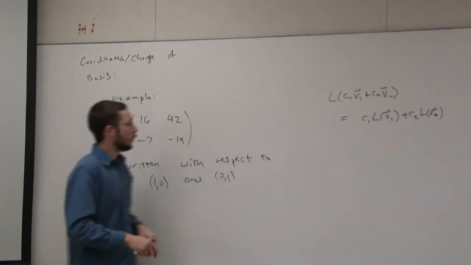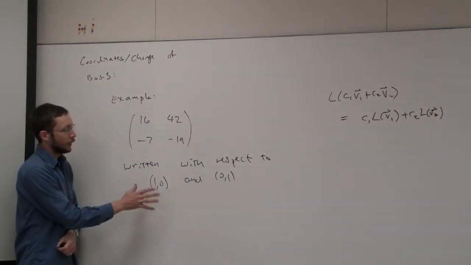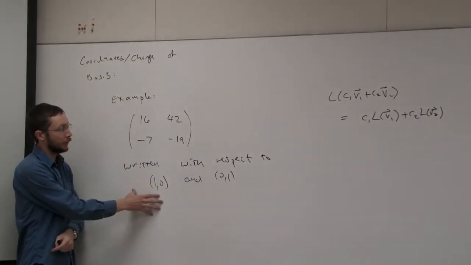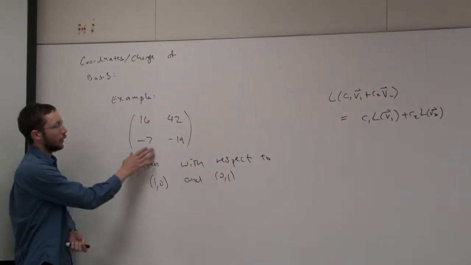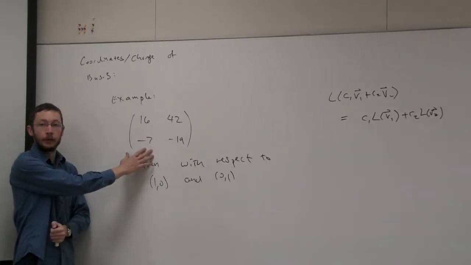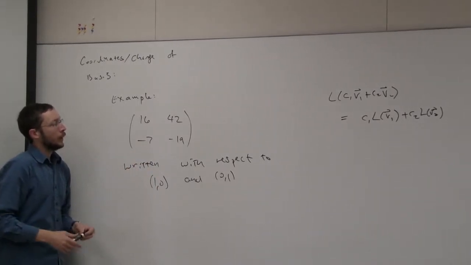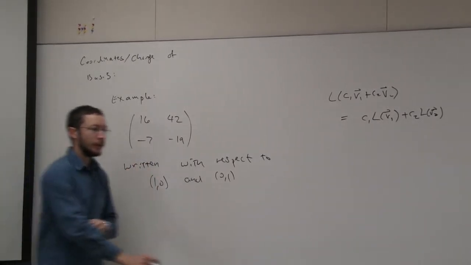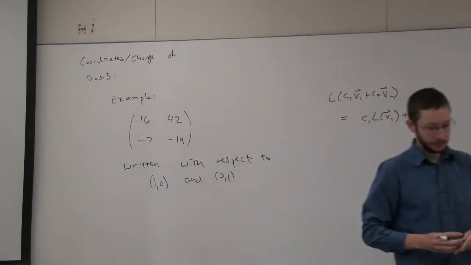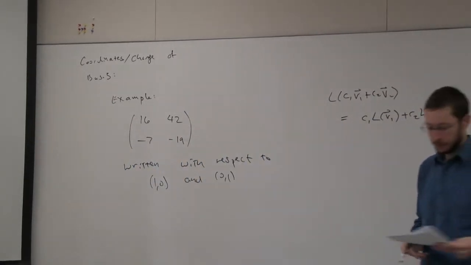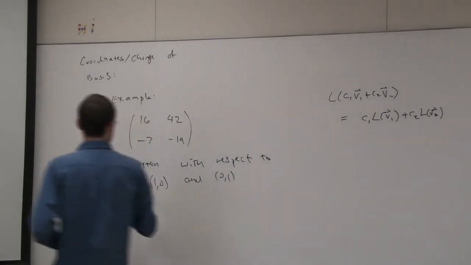Okay? And so what we're doing here is we're just going to assume that we've chosen the standard basis (1, 0) and (0, 1). And we're describing that linear transformation as a matrix now, using those two vectors. Okay? And so you'll notice that this is clearly not a very pleasant transformation.